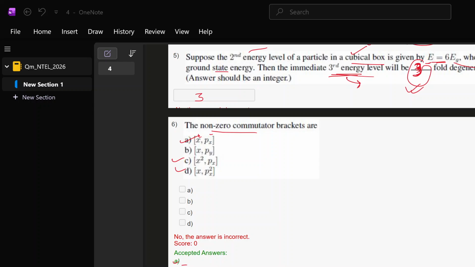Ma'am, is there some book? Which book can we follow for problems alone? For problems, for basic level understanding and especially problem solving, Griffiths quantum mechanics is very good. Then H.C. Verma's quantum physics book is a general book, but it has pretty good example problems and solutions, so you can look it up.